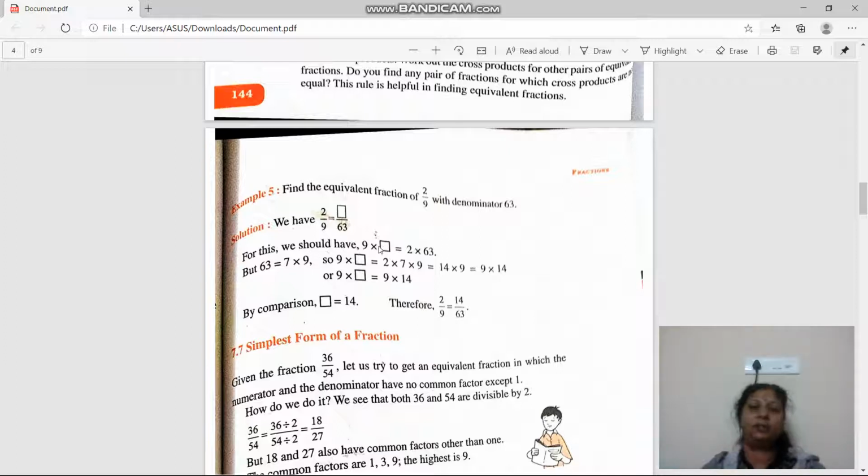Here is the cross multiplication: 9 multiplied by box is equal to 2 multiplied by 63. So 9 multiplied by box is equal to 2 multiplied by 7 multiplied by 9. 2 7s are 14. So 9 and 9 cancel, and box is equal to 14. Get it? Now see the next topic, that is simplest form.